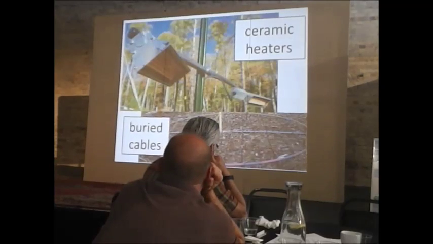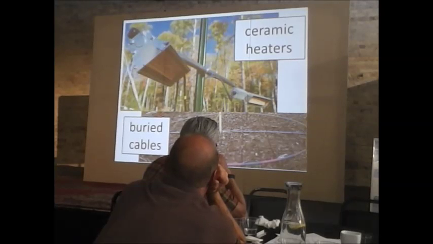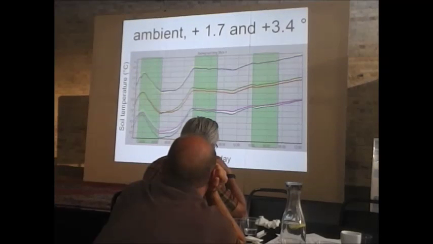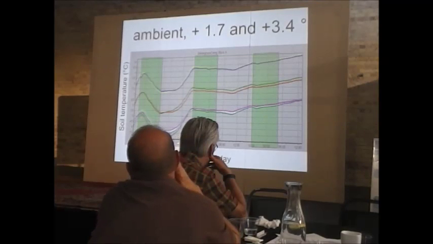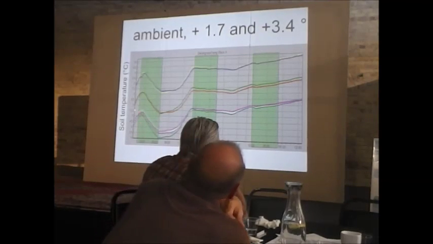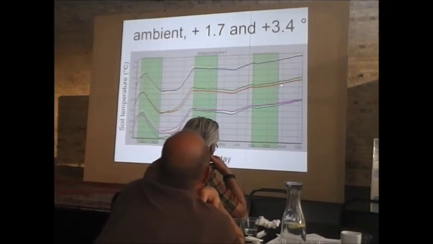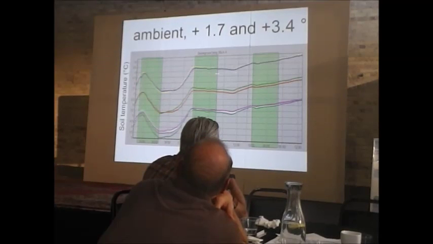How do we warm them? We use ceramic heaters, like a space heater in a cabin or in your house, and cables buried in the soil that warm the soil. This is going through the time of day, and this is our unwarmed plot, and then the idea is we just bump it up a little bit, in this case 1.7 and 3.4 degrees Celsius, which is about 5 and 7 degrees Fahrenheit.